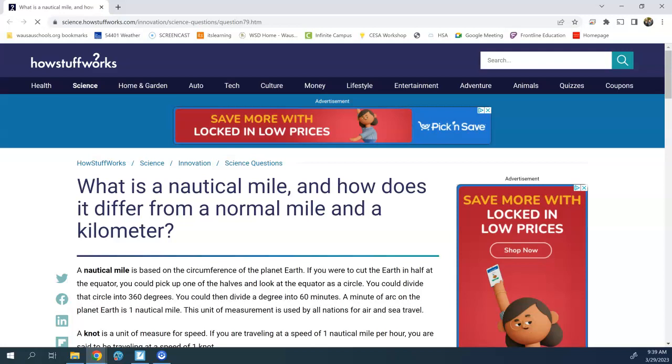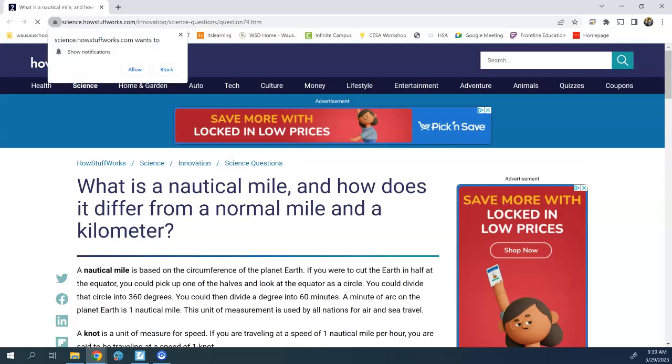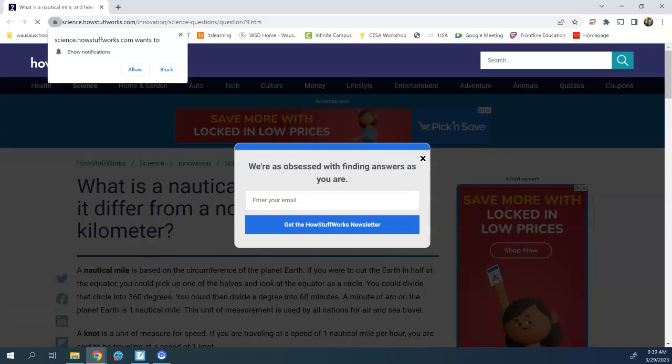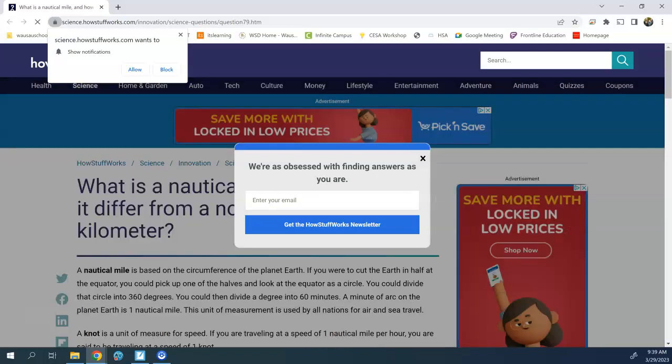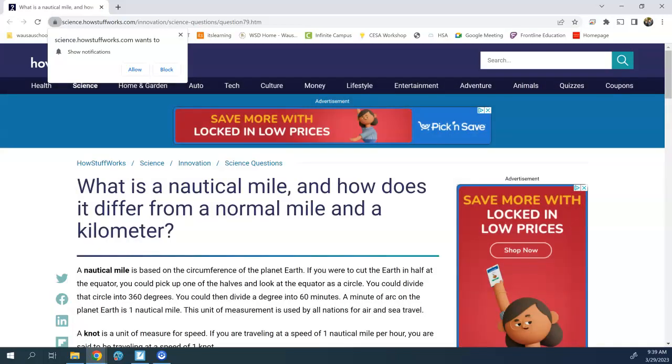A nautical mile, if you were to cut the Earth in half at the equator, so that's the circumference, okay? You divide that into 360 degrees, then you would divide that into 60 minutes, and 1 minute of arc, so 1/60th of 1/360th of the circumference of the Earth is called a nautical mile.